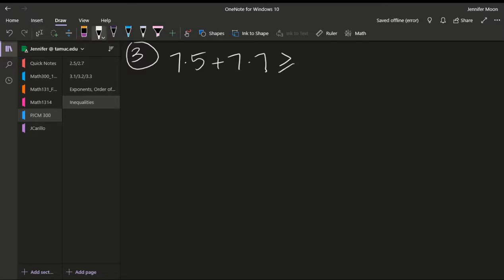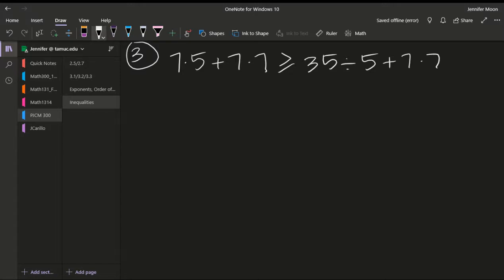So this symbol, because it's opening to this side right here, this is saying that this side right here is greater than this other side, right? So it wants to know if 7 times 5 plus 7 times 7 is greater than or equal to 35 divided by 5 plus 7 times 7.